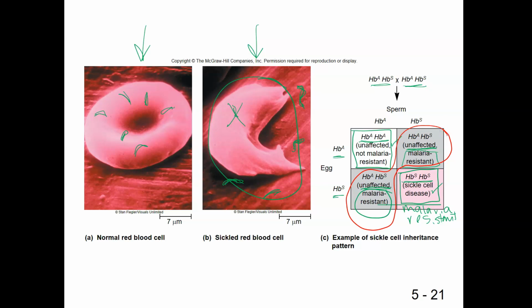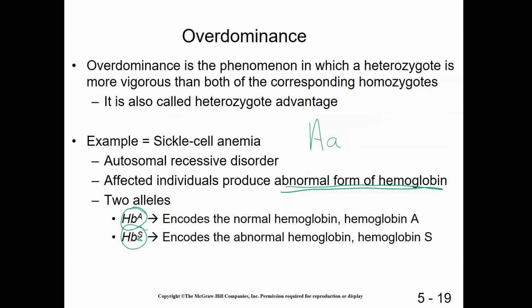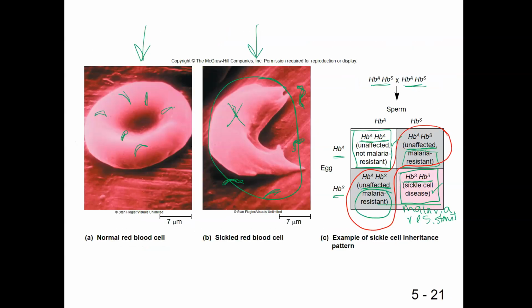The heterozygote demonstrates overdominance, right? Let's come back here, overdominance. Remember, you have a situation where the heterozygote has an advantage. They're more vigorous than the homozygous dominant or the homozygous recessive.